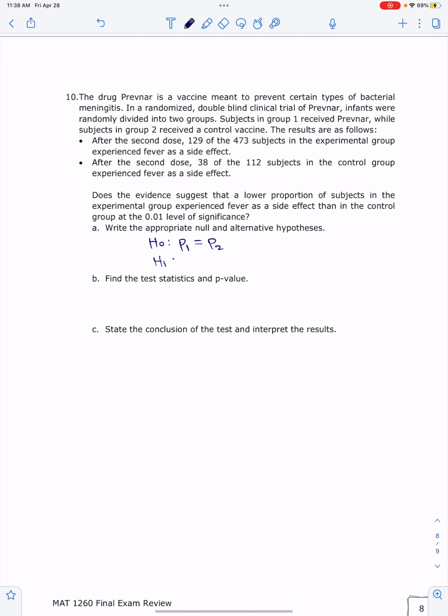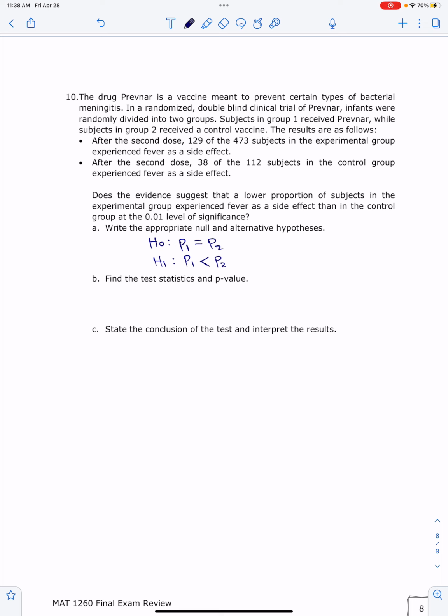The alternative hypothesis states that the proportion of children in the experiment group who experienced less fever as a side effect of the vaccine is lower than the control group.